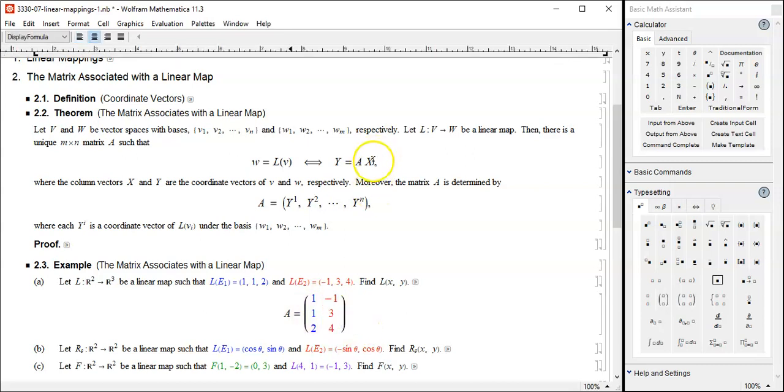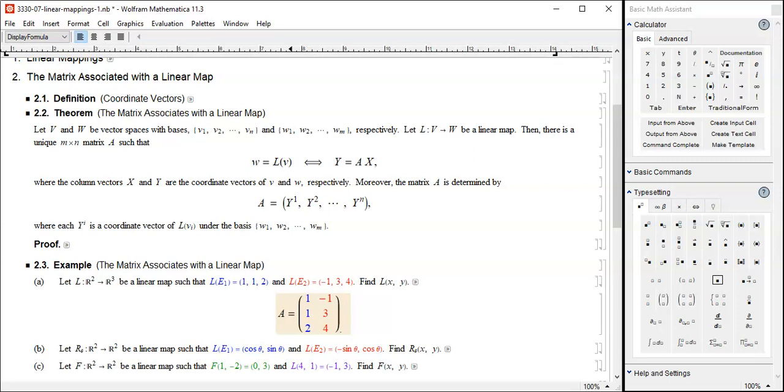You see, in this expression, it was really hard to see. Now with this example, it's a little bit making sense. You see, first basis is going to 1, 1, 2. That goes to the column. Second basis is going to negative 3, 4. That's going to the column. So that's your matrix A.